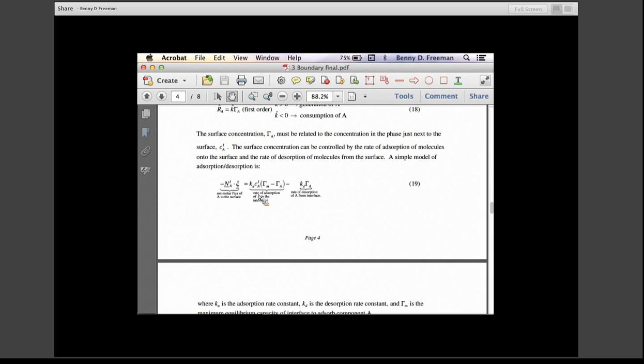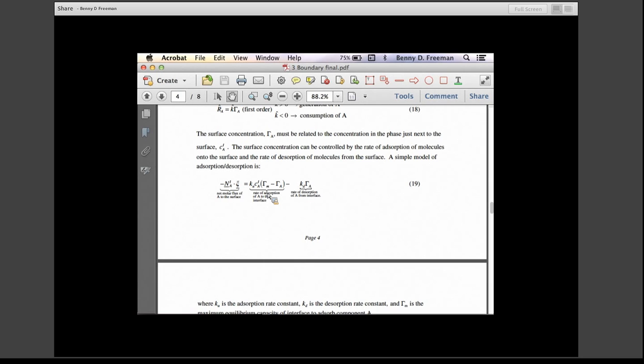So if you have no A present in the phase next to the surface, you aren't going to get any adsorption of A, right? There's no A to adsorb. Times the difference between the surface concentration of A and the maximum concentration of A that can adsorb to that surface. This is what I would call the parking lot model of surface adsorption.